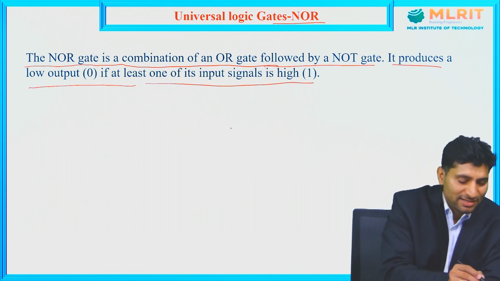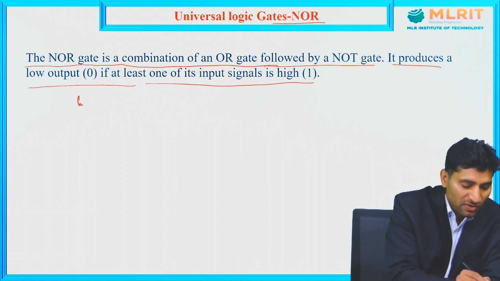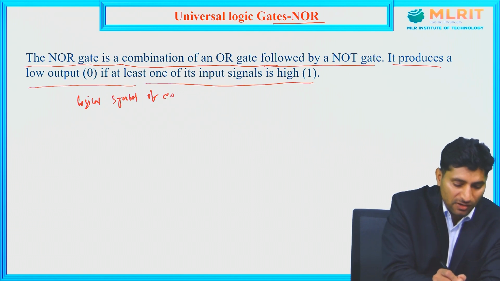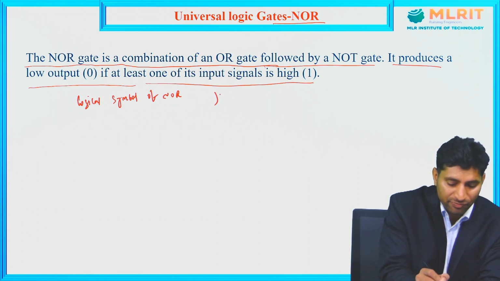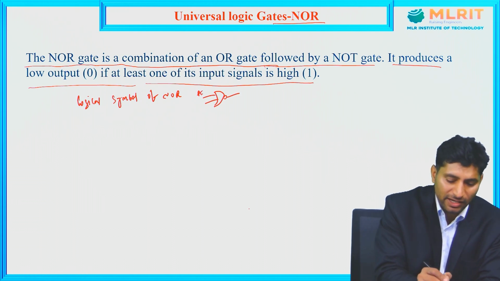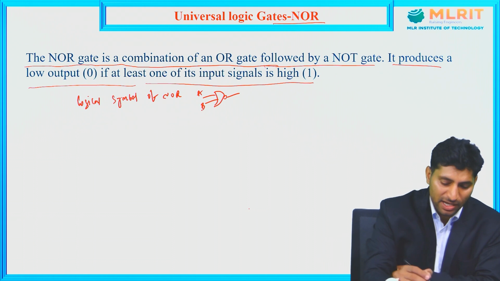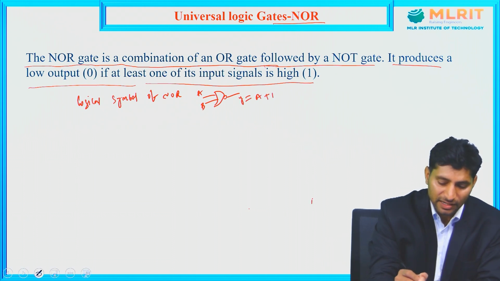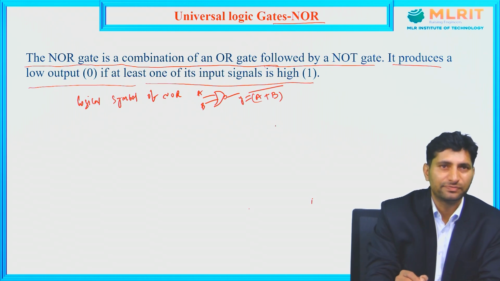So let us see the logical symbol of the NOR logic gate. It is this one. For simplicity, I have taken only two inputs, A comma B, and Y is the output. It will do the exact inverse operation of the OR gate.